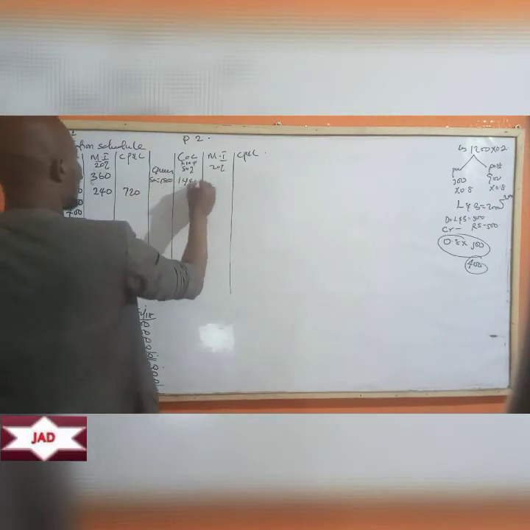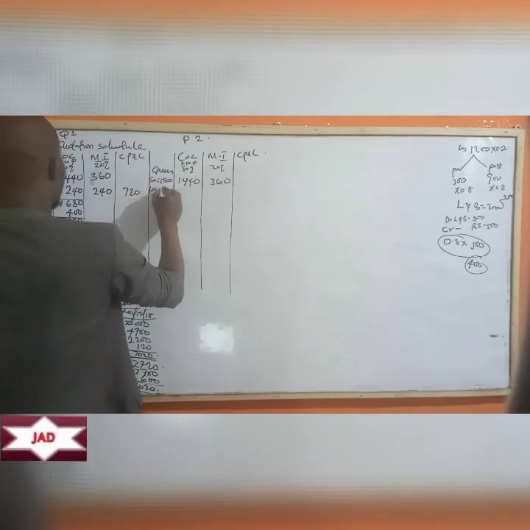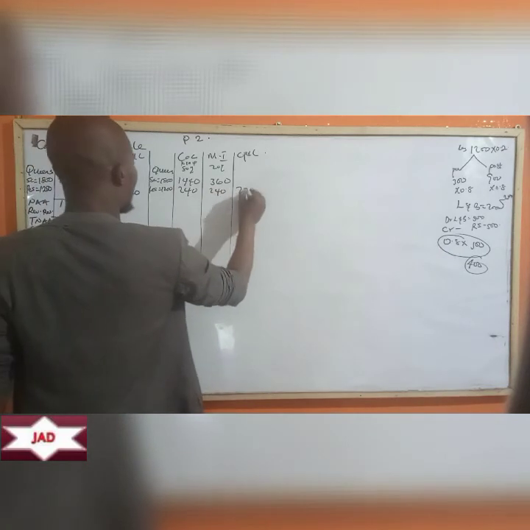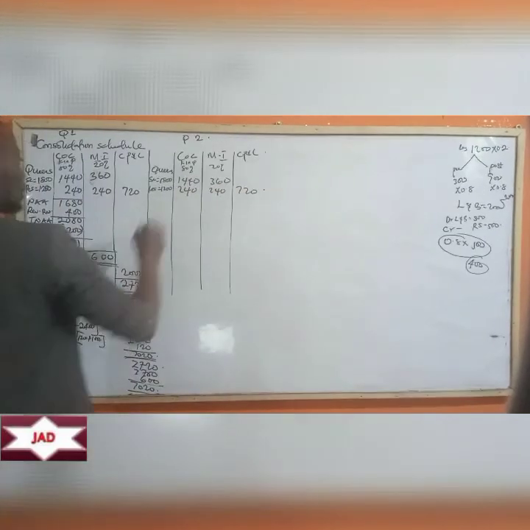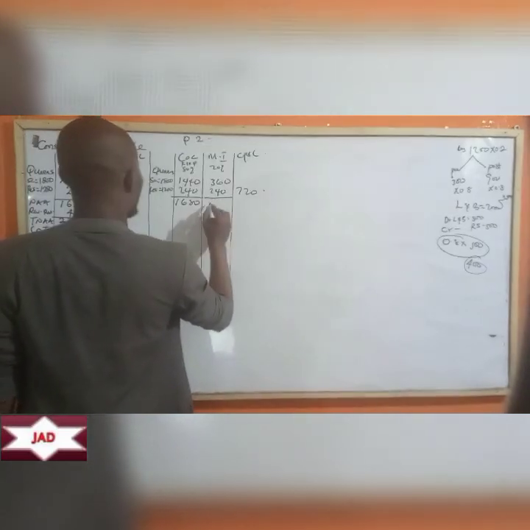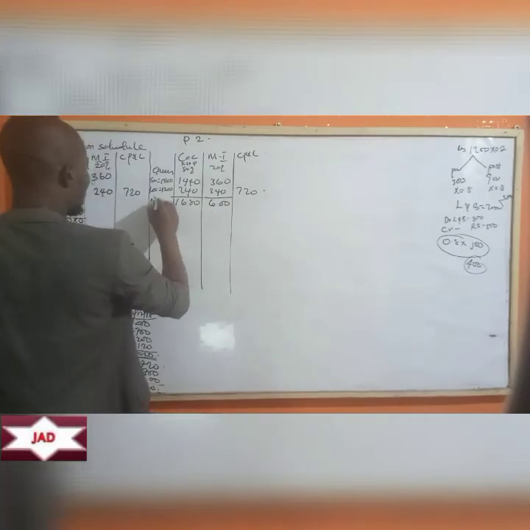This will be the same thing. Reserve here 1,200. This will still be the same thing. This one here is 600. This is net asset acquired.